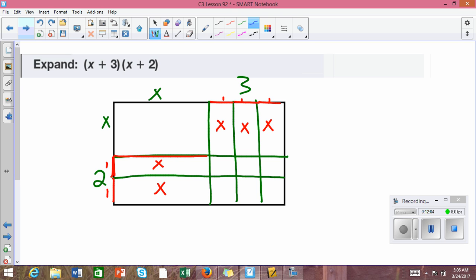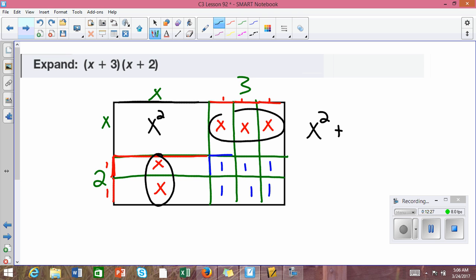Down here, you would have a 1 by 1. So each of these boxes down here is going to be an area of 1. And then up here in the top left corner, you're still going to have your x by x, which is x squared. So you can see that we can add areas here as well, and it skips the finding of like terms because you can see the like terms now more visually.